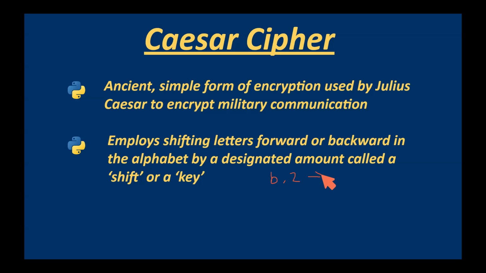So then that's going to become B, C, D. So B encrypted in this scenario becomes a D. You do that for every single letter of your message. And then you have an encrypted message. It's not going to look like the original, and many times the more you shift it, the more obscured the original message is.